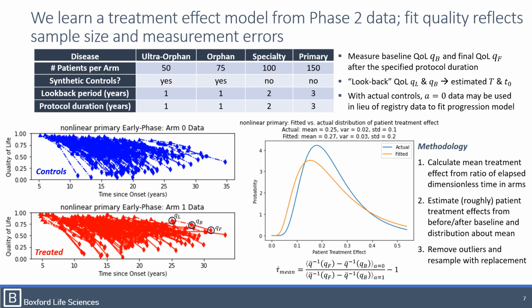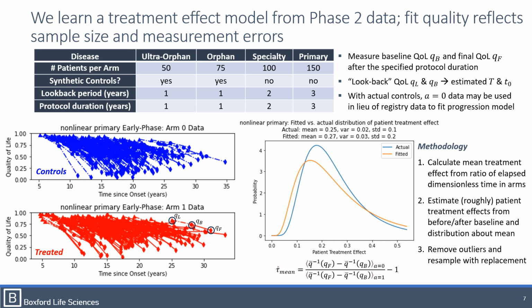For phase 2, we use relatively small trials with larger patient counts as we go up to more prevalent diseases. When we have ultra-orphan and orphan diseases, we use synthetic controls, so we only have a single arm. Especially in primary, we have randomized dual-arm trials. And then for each one of these diseases, we both have a look-back period before baseline, where we establish a prior medical history to get some idea about a rough estimate of the progression timescale and the time since onset of that patient.